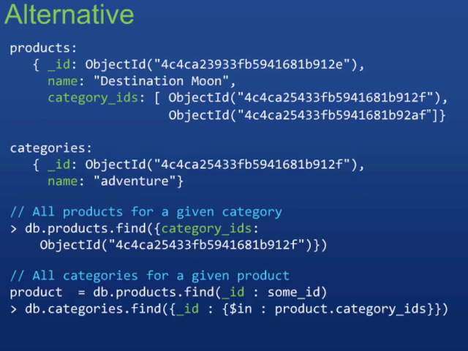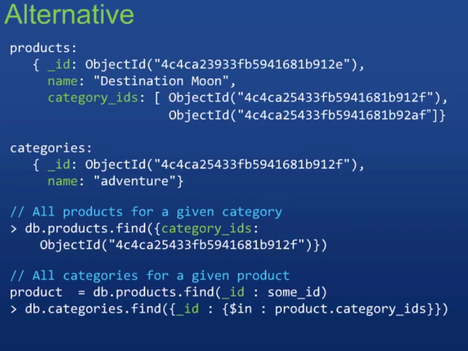If I want all the categories that a given product is in, I can first query the product, db.products.find with some ID, and that gives me the actual product object, which internally contains the list of categories. Then I can say db.categories.find, where the ID is in the set of category IDs from the product. So I'm leveraging the in query to say, here's a set of category IDs, go fetch me all these category documents.